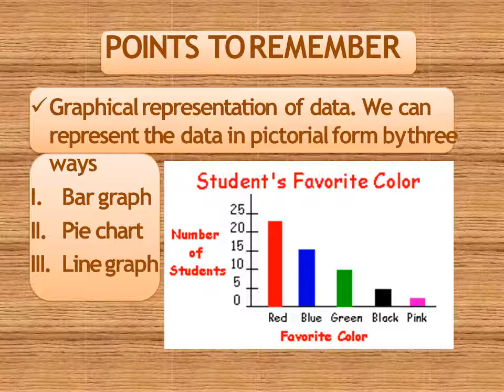If 22 or 23 students like red color, it has been marked like this in red. Similarly, blue 15 students, green 10 students, black 5 students, and pink 2 to 3 students. And this is the representation of a bar graph.